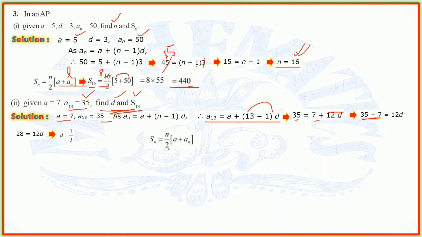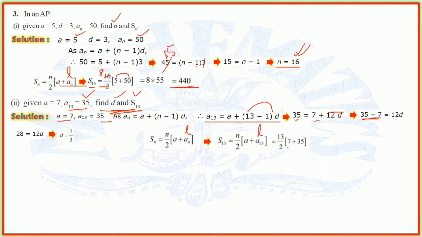So now Sn is equal to n by 2 into a plus l, where l is the last term. S13 is equal to n by 2 into a plus the 13th term, that is the last term.